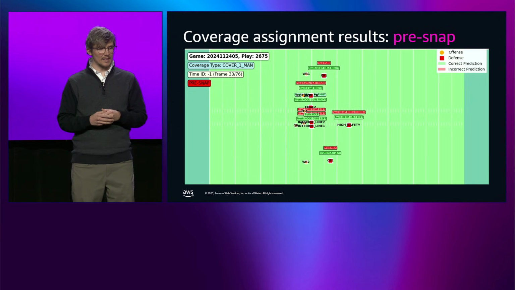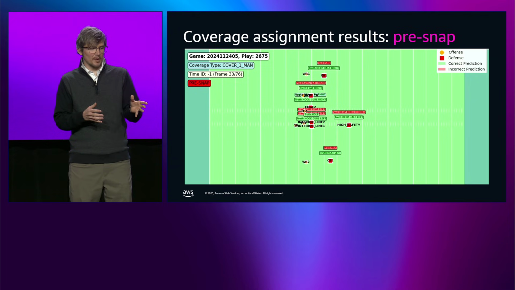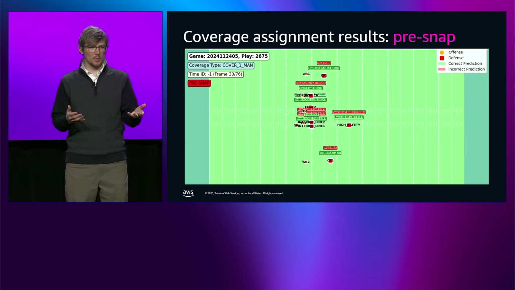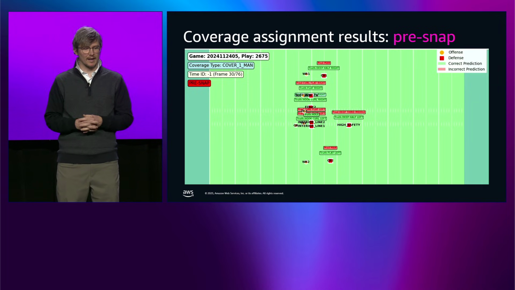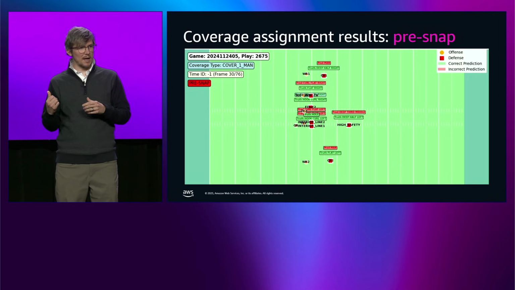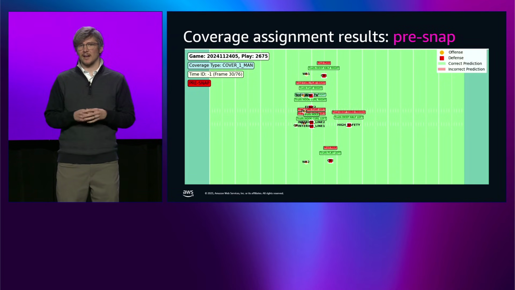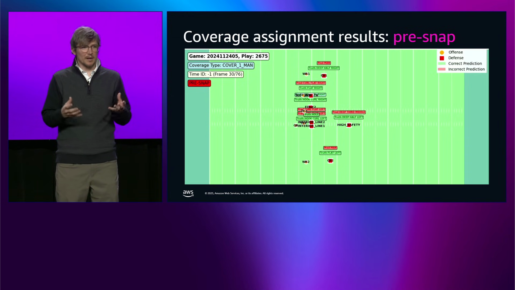I guess at this point, since we're talking pre-snap, you might be wondering, how is it that you can make predictions with just pre-snap data? The players haven't actually started moving throughout the play. But reflecting back on what Kevin was saying about how we prepared our data, the data was prepared in a way that the model is used to seeing windows of varying lengths.